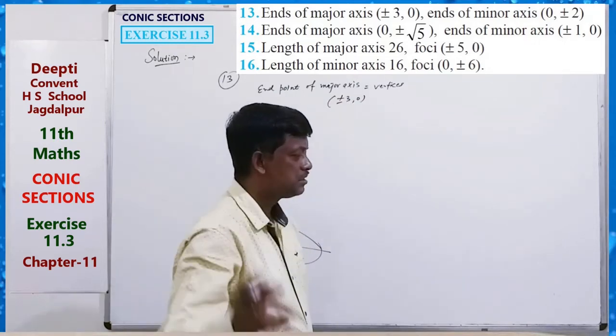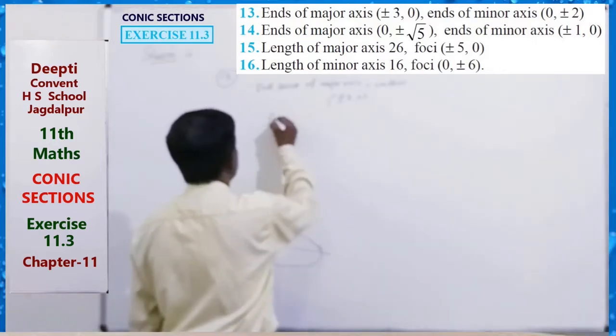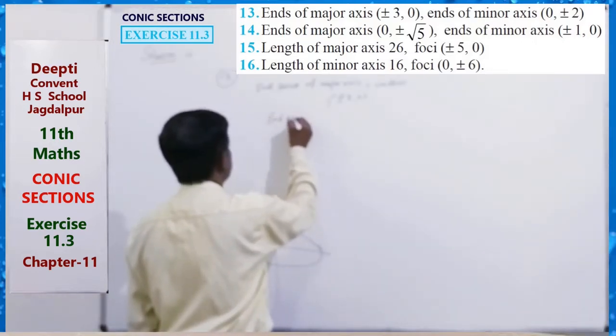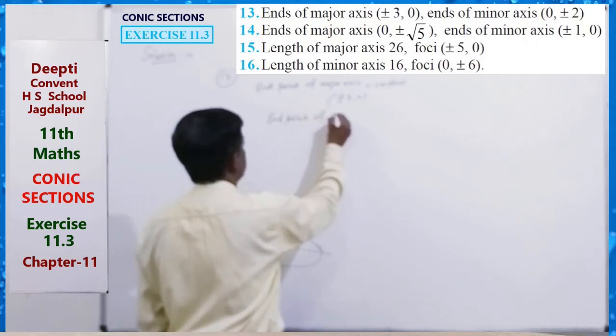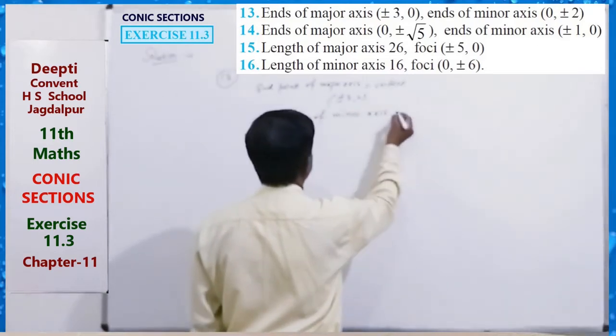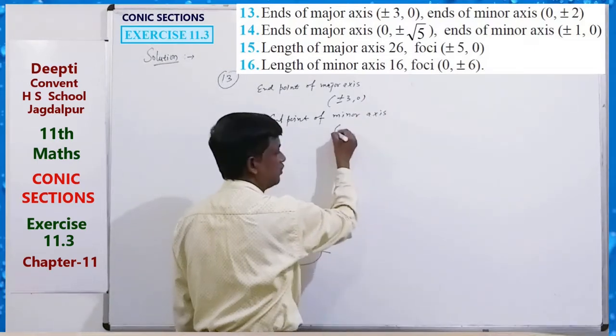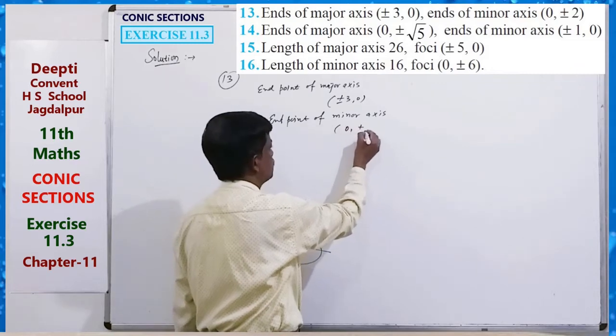And the other is the endpoints of the minor axis, 0 plus minus 2.